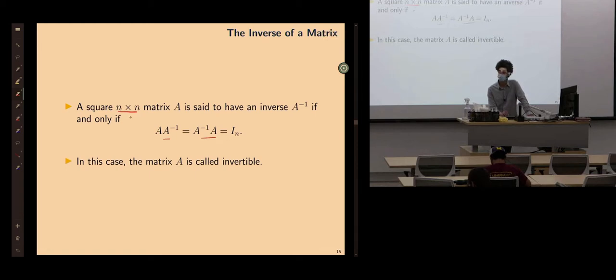Now A is n by n, square. The inverse of it is also n by n. You can multiply from left and right. It gives you an n by n identity matrix.